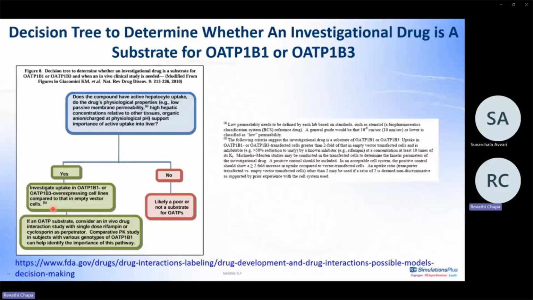That helps you identify how much of this 1B1 or 1B3 is actually contributing to the disposition in vivo. Alternatively, you can do a PK study in the genotypes of OATP 1B1, which can help in understanding the importance of this 1B1 pathway for the disposition of the compound. If no, then it's not a substrate for OATPs.